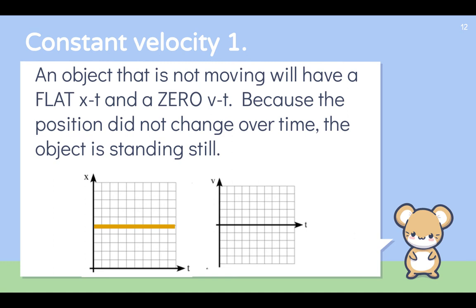It's not going to move. It will have a 0 VT graph because the position did not change over time, the object is standing still. The velocity the entire time is 0.